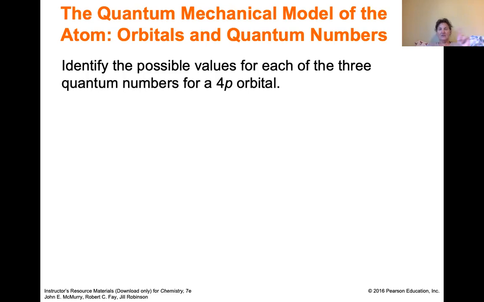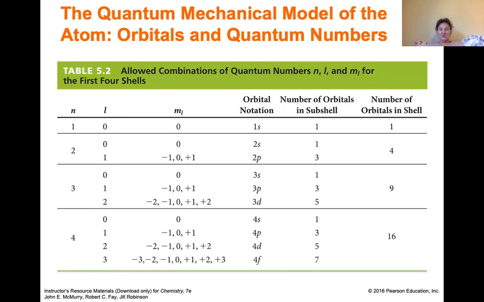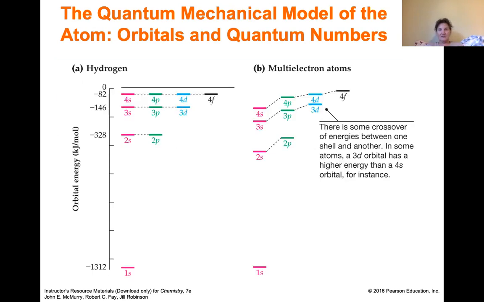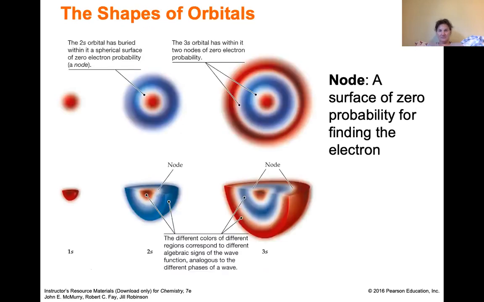So n equals 4, L equals 1. But there are 3 different orientations for those, 3 different m sub L values. So you can have n equals 4, L equals 1, but you can have m sub L of -1, 0, or 1. It's really talking about how those orbitals are oriented in space.